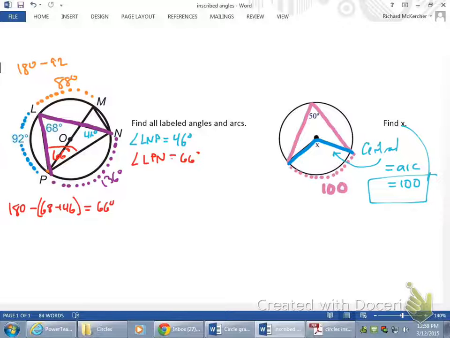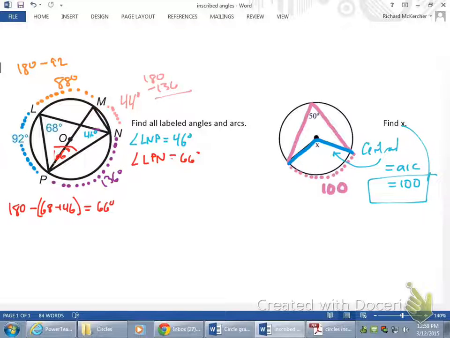I have one little piece of an arc left of the circle. Now that little piece, there's a couple ways to look at it. I chose in class to recognize that I had a diameter, so that made a semicircle. So the purple arc PN, I subtract that away from 180 to get 44.